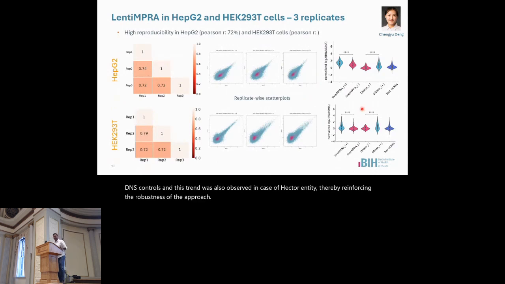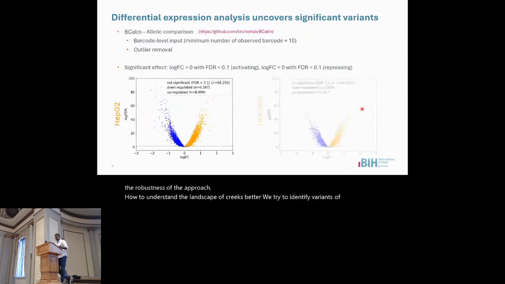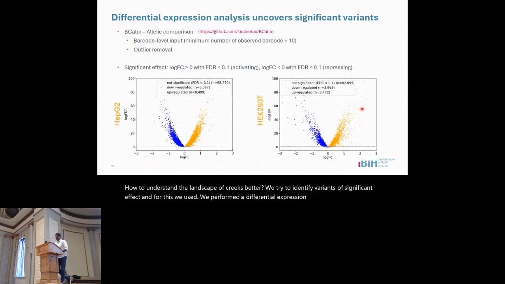Now, to understand the landscape of CREs better, we tried to identify variants of significant effect. For this, we performed a differential expression analysis using an in-house developed tool called BCOM for allelic comparison. This tool allowed barcode-level input and can also perform outlier removal as an option.